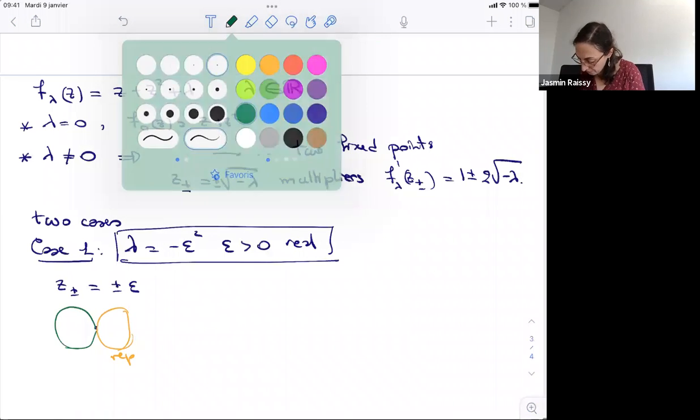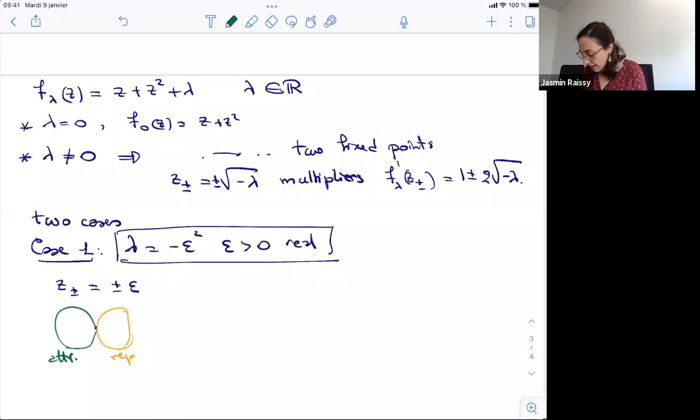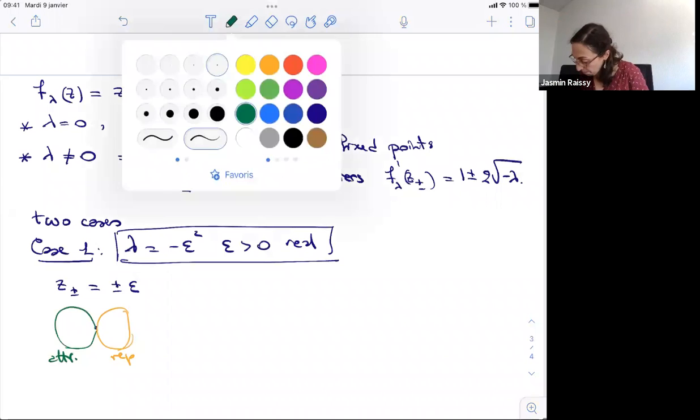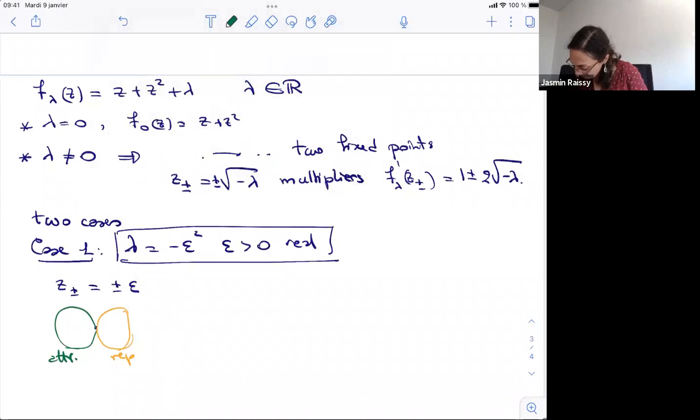And this was attracting. Now essentially, what I'm doing is switching my fixed point into two fixed points horizontally. And so what's happening is that I still have a green region. Let's close it.